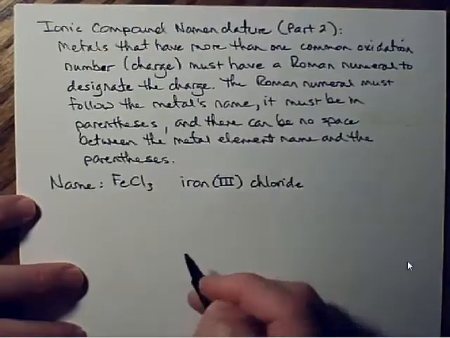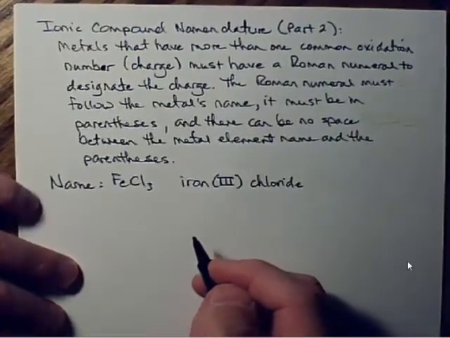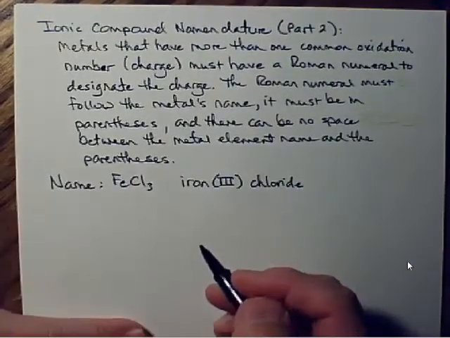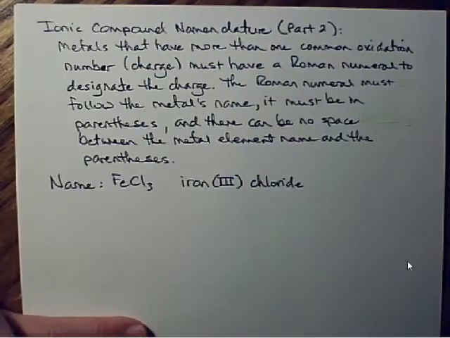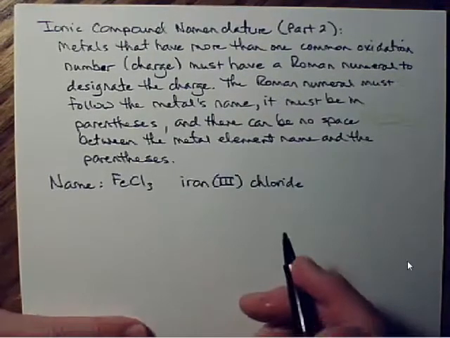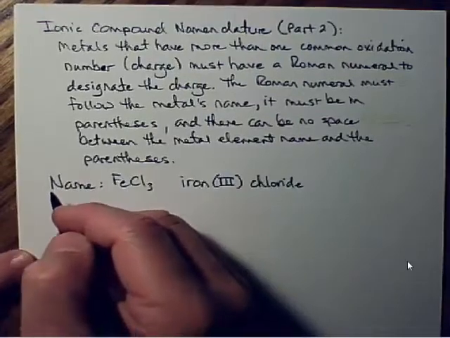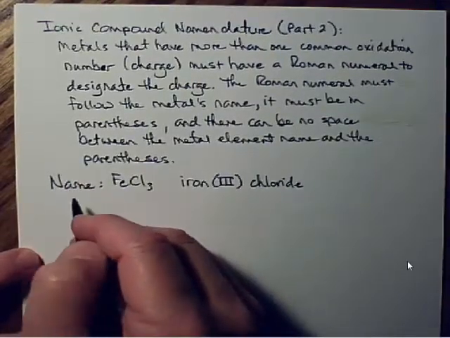We call it chloride because it's a negative ion. Monoatomic anions always have an IDE ending in their name. Okay? Does that make sense? All right. Let's review Roman numerals just in case anybody doesn't know what they are.